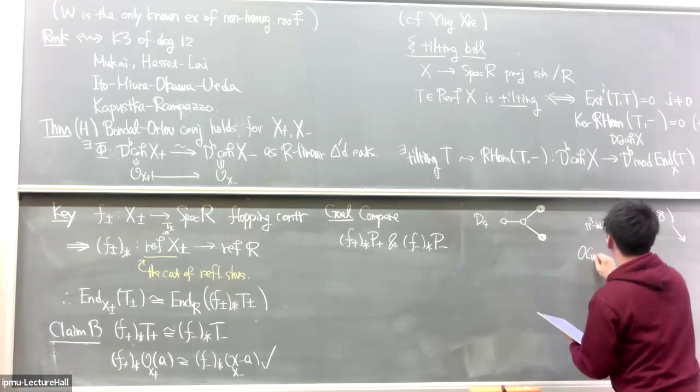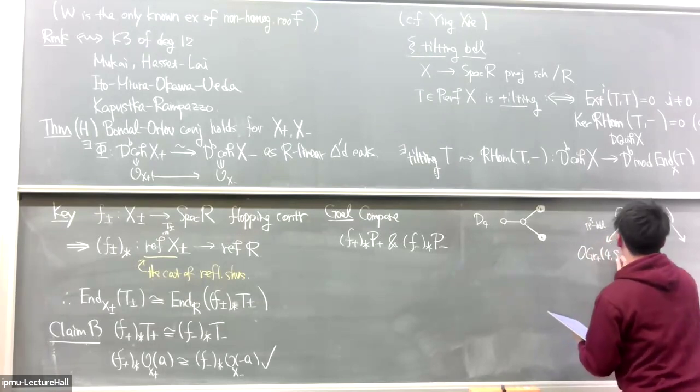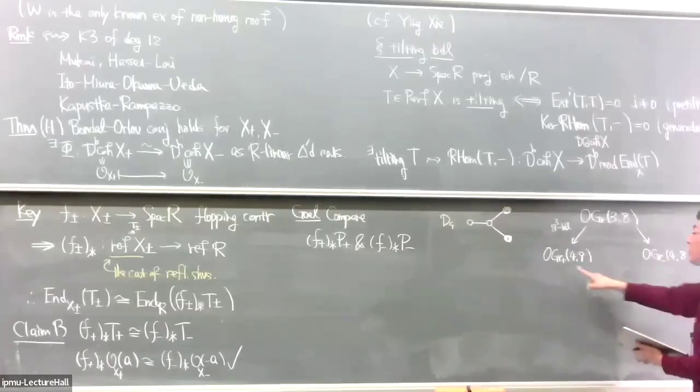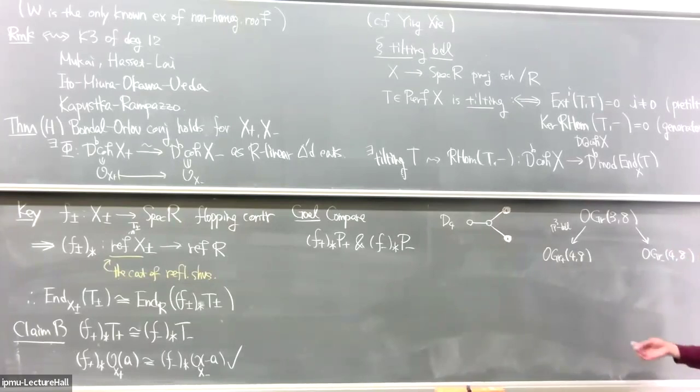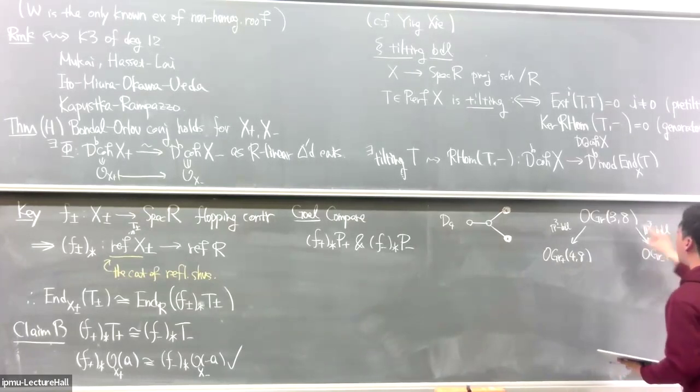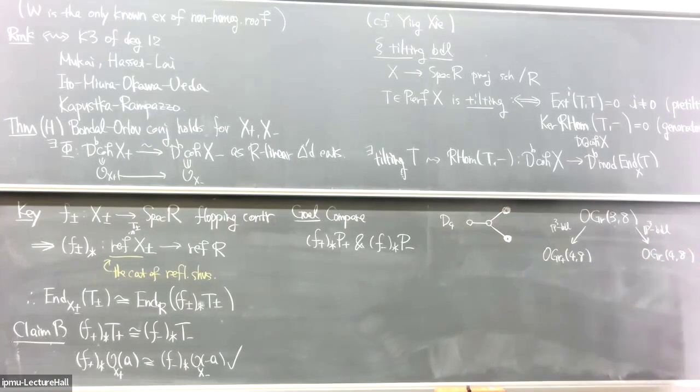In each connected component... So the Grassmannian 4A has two connected components, and they are both naturally dominated by the Grassmannian 3A.